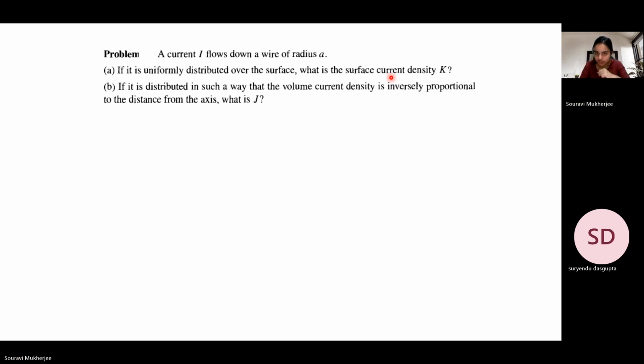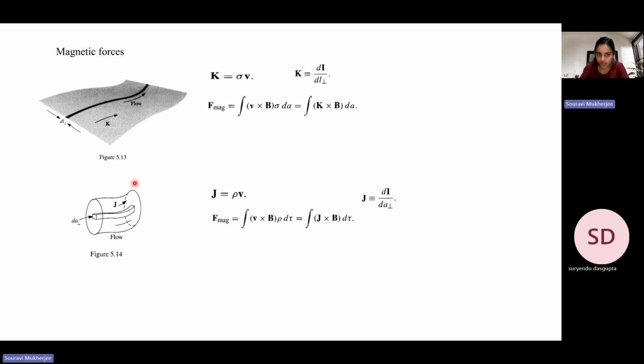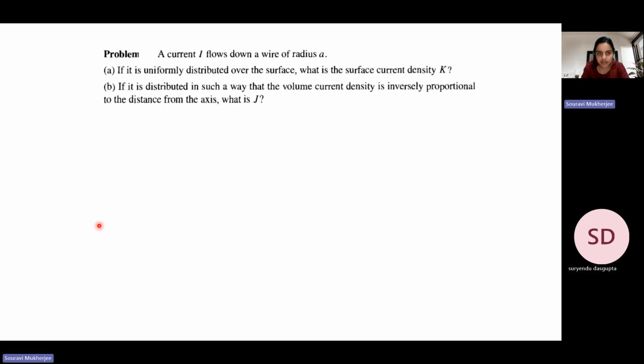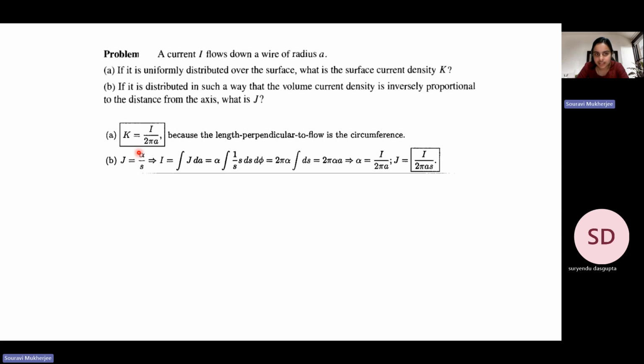Suppose this is the wire: you are talking about this perpendicular area, not the curved surface area. You are breaking your segments along this. So the area of interest is this perpendicular area, given by the cross section.